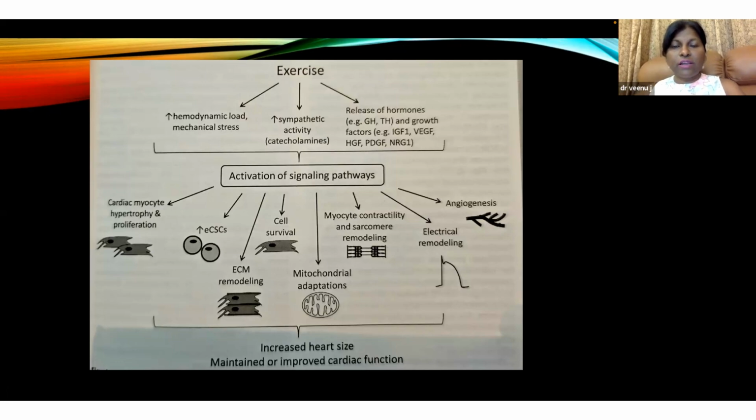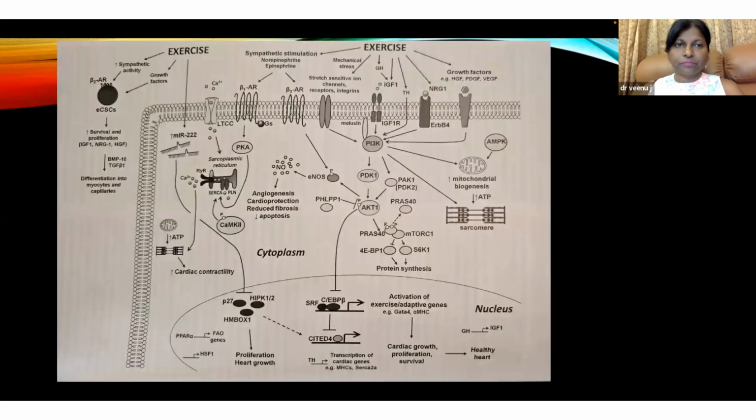All these cause multiple signaling pathways which lead to cardiac myocyte hypertrophy, and an increase in the extracellular matrix in the myocardium, which can to some extent lead to fibrosis, but that aspect is not very clear. Cell survival increases, some mitochondrial adaptations happen, and angiogenesis also happens. All this will increase the heart size and also improve the cardiac function.